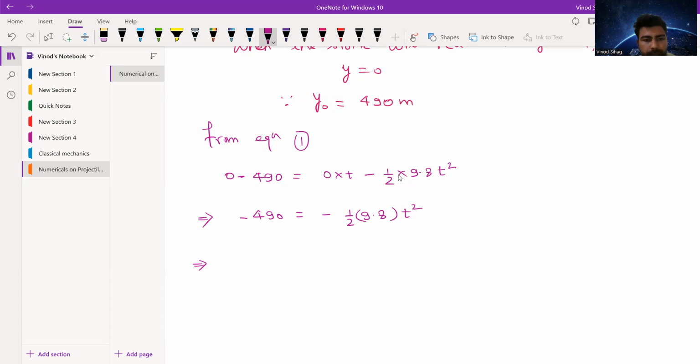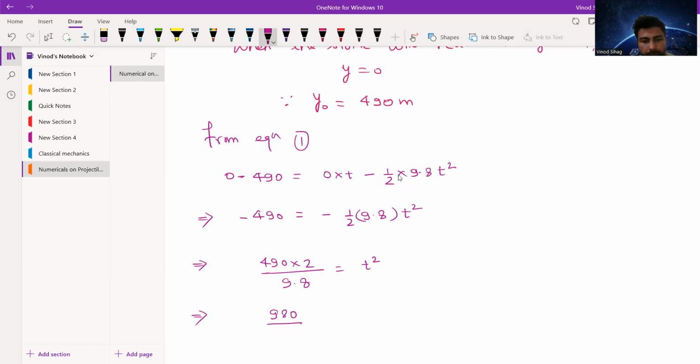And what we will get: 490 into 2 upon 9.8 equals t square. Now multiply 2 with 49 and it will be 98, or we can say 980 because 0 is also there.